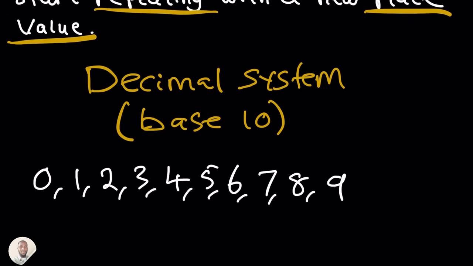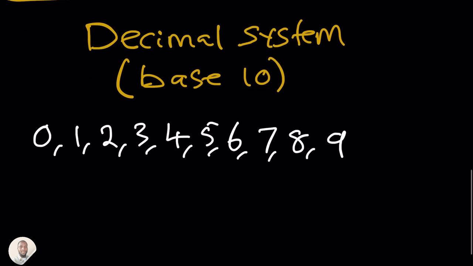Once we reach 9, the next number is 10. You can see? Because we have reached the highest point, which is 9. There is no other symbol in base 10 that you can use. So the highest is 9. So once we get to 9, you carry over and it becomes what? 10.